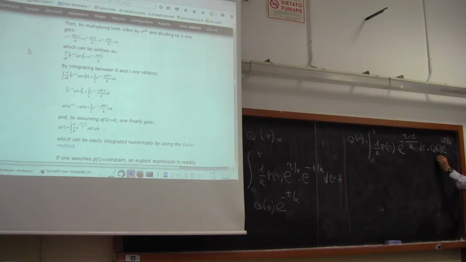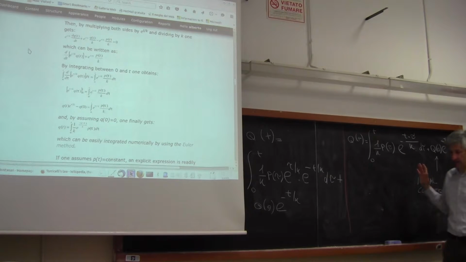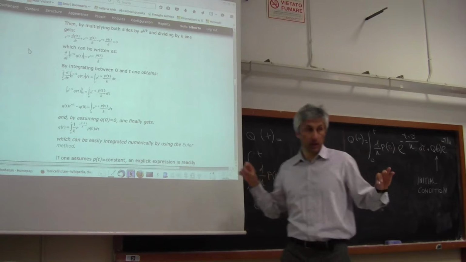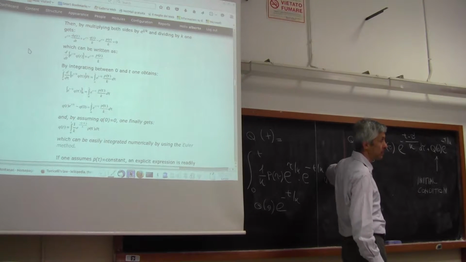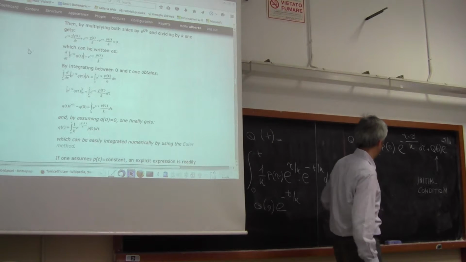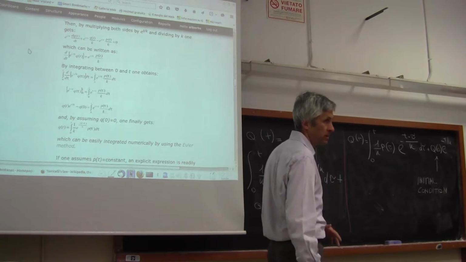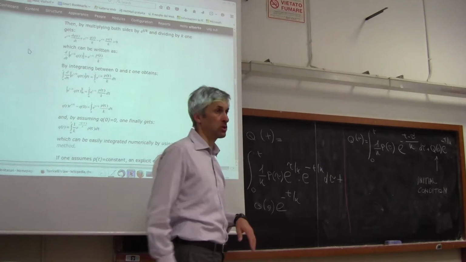Look, Q0 is your initial condition. That's it. With the only problem that we cannot solve this integral. But we now introduce an assumption and solve it.